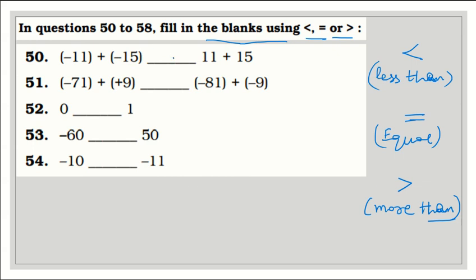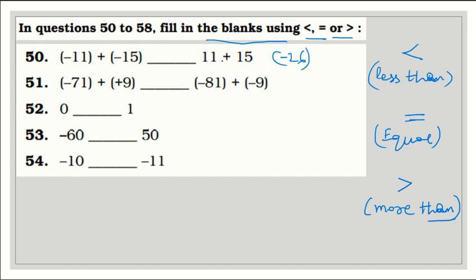Here, if you want to fill this blank with these signs, you should know what is there in the left hand side and what is there in the right hand side. In the left hand side, sum of two negative integers. Children, the sum of two negative integers is negative. So 11 and 15, when they are added, give you minus 26, and because both are negative, I took a negative sign.